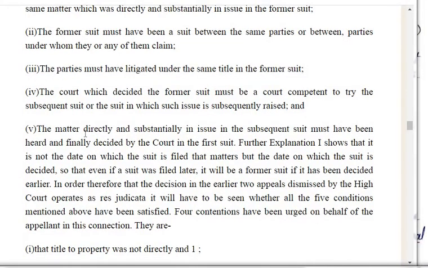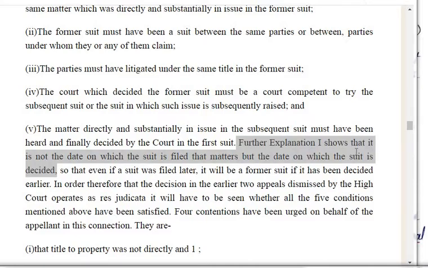Point number 5. The matters directly and substantially in issue in the subsequent suit must have been heard and finally decided by the court in the first suit. तो जिस मैटर पे आप रेस जुडिकाटा लगाने की बात कर रहे हो, that matter directly and substantially in issue should have been heard and finally decided by the former court.